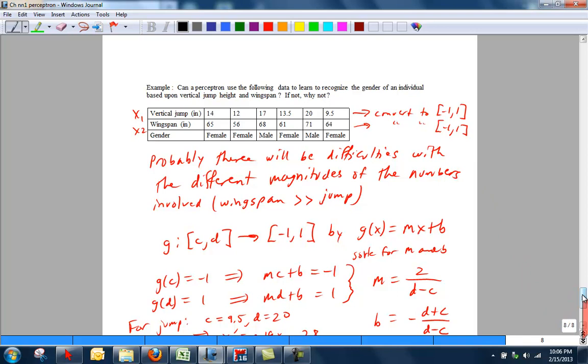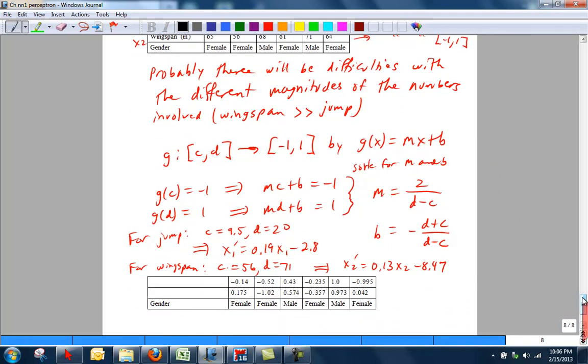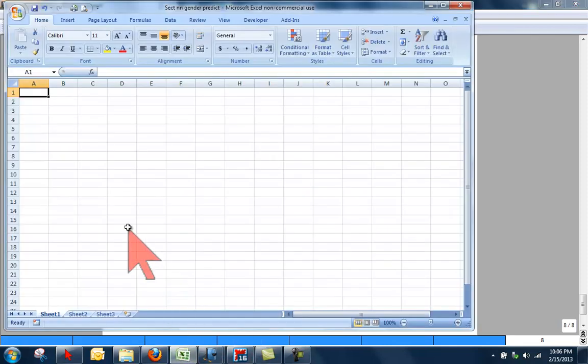And so we had gone through the algebra to find transformations to do that. These were equations for converting a raw vertical jump height to a scaled one, and a raw wingspan x2 to a scaled one. So let me go into Excel first.